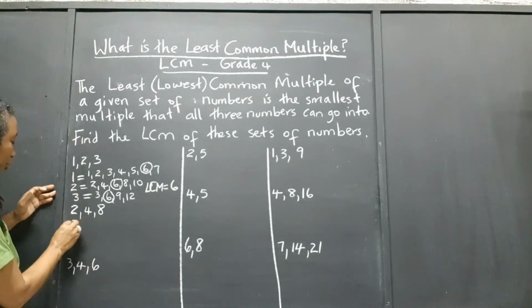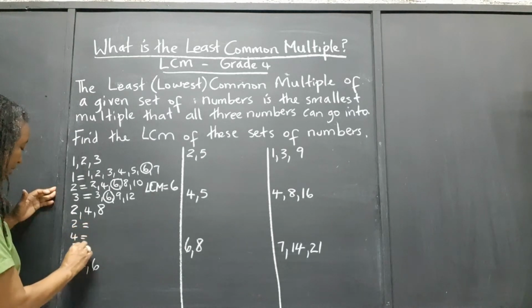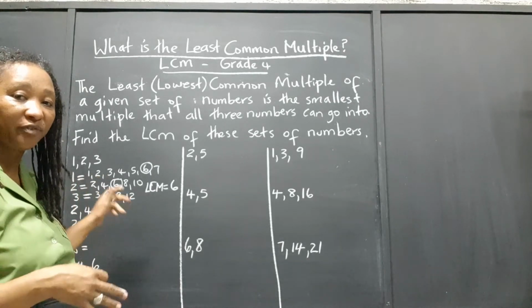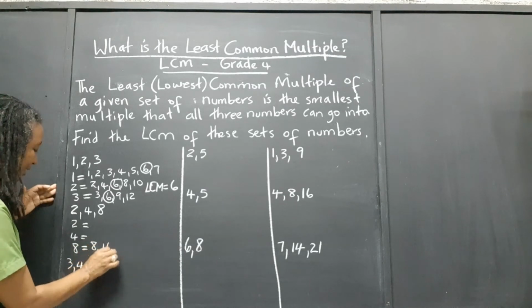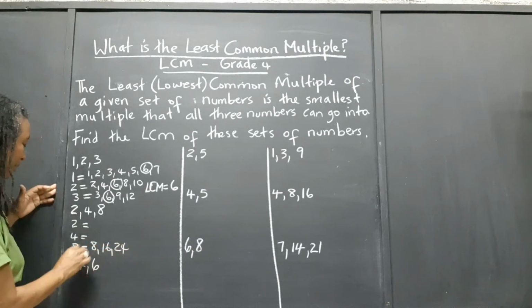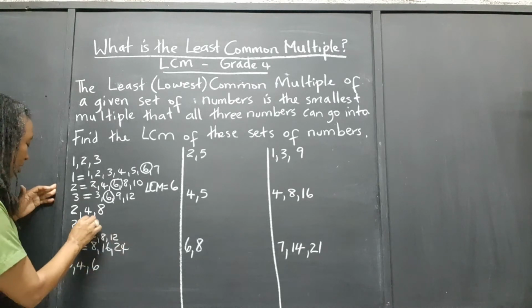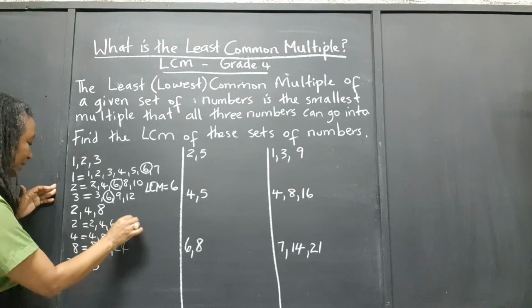Alright, so about the 2, 4, and 8. Start with the biggest one so that you'll know quicker if you find a common multiple. So for the 8: 8, 16, 24. Let's stop there a little. 4, 8, 12. 2, 4, 6, 8, 10.